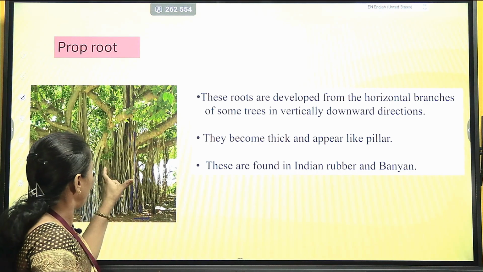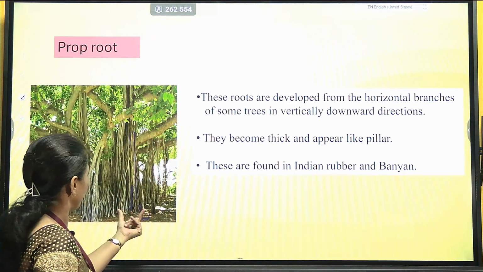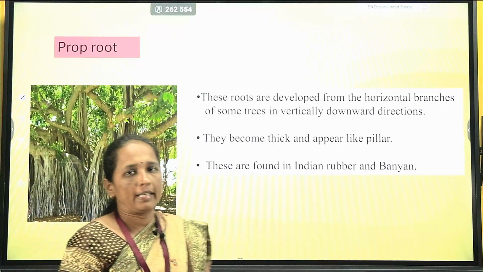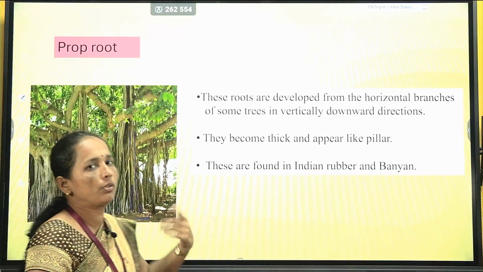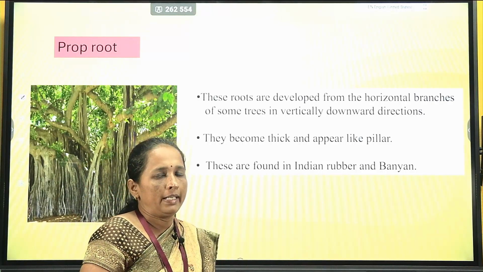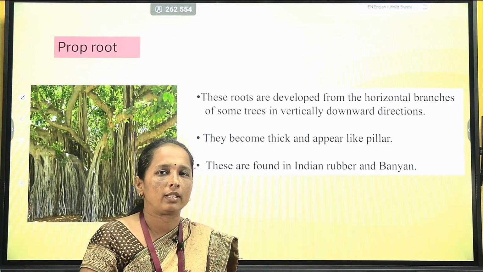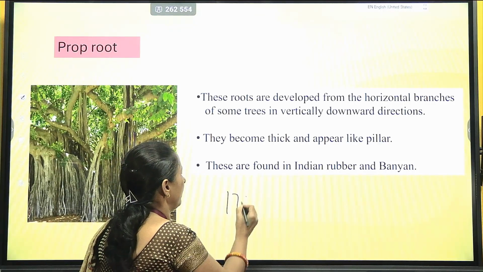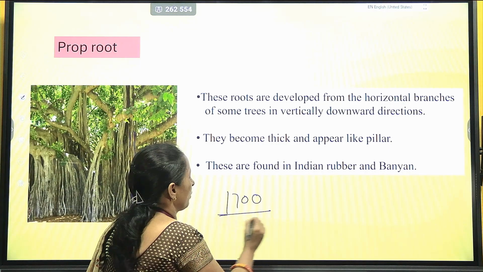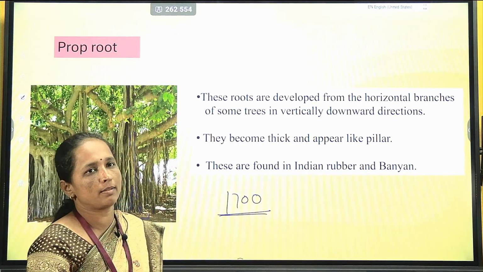They become thick and appear like a pillar. When the main trunk dies, these roots are replaced as prop roots. In the Indian Botanical Garden, Kolkata, there are about 1,700 prop roots produced by a ficus plant.